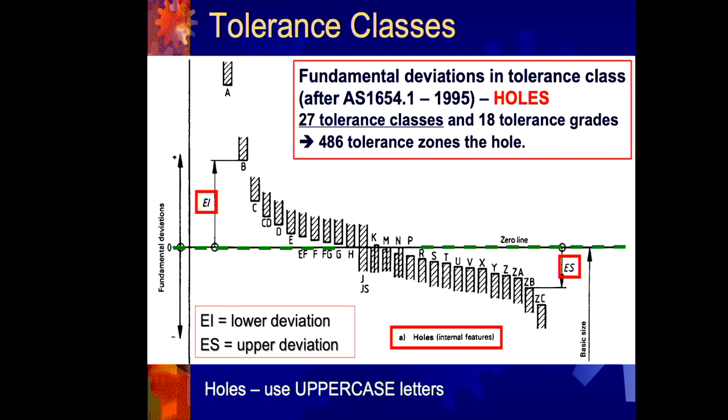So very close to the hole base. The upper limit in this case is very close to a limit. And for a hole, this zone on the left, higher than the base, is where we'd be thinking mostly about clearance fits. A bigger hole than the base, and the shaft is at the basic size, it'll fit together.